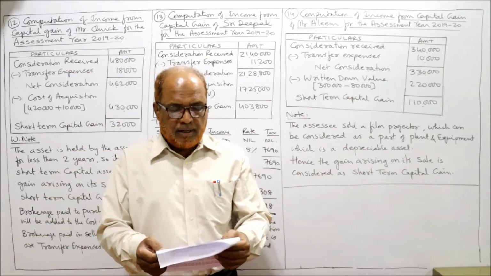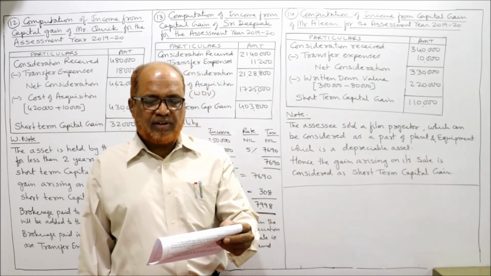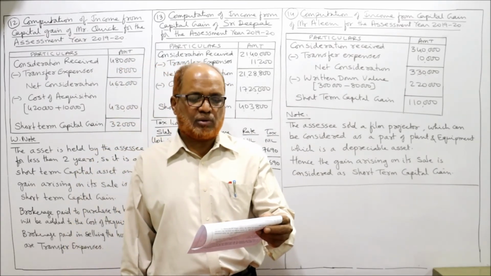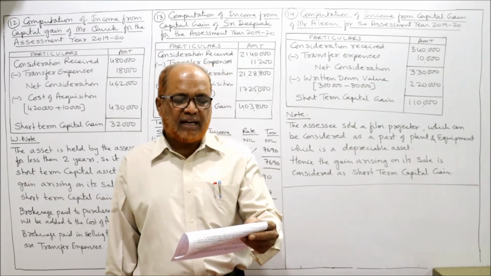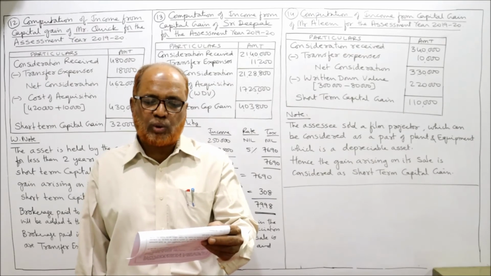See the 14th problem. Mr. Alim is a film producer. During the previous year, he sold a film projector for rupees 3,40,000, which had cost him 3 lakh, in respect of which 80,000 had been allowed as depreciation during the last 2 years.